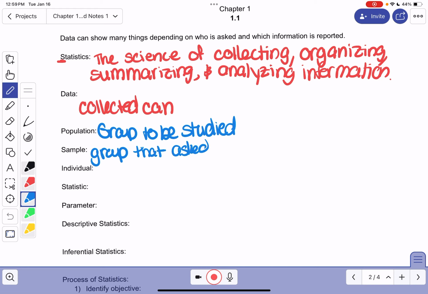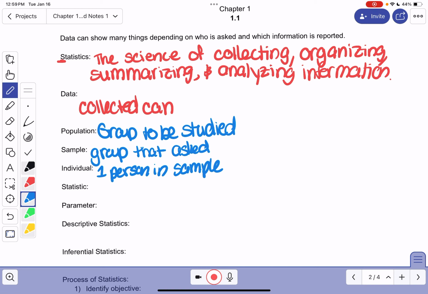So I'm not going to ask every American the question. I'm going to ask a sample of Americans and then apply that information that I get. At UMA, I'm not going to ask every student necessarily. I'm going to ask a group of students. That's the sample. The individual is one person in the sample. So if I ask 20 people, those people are each individuals.